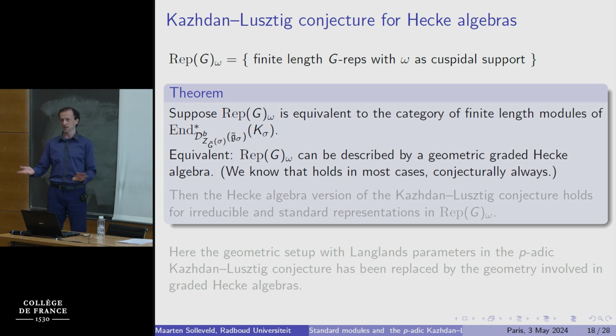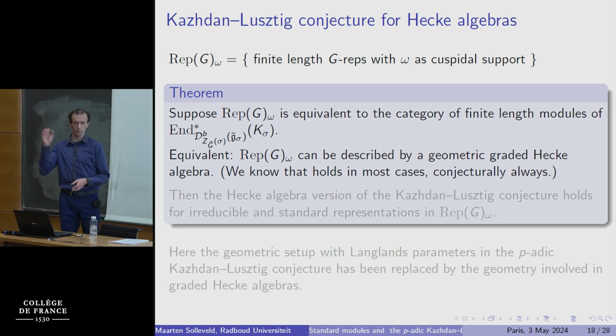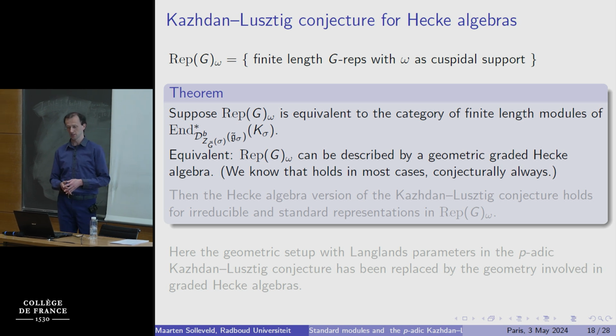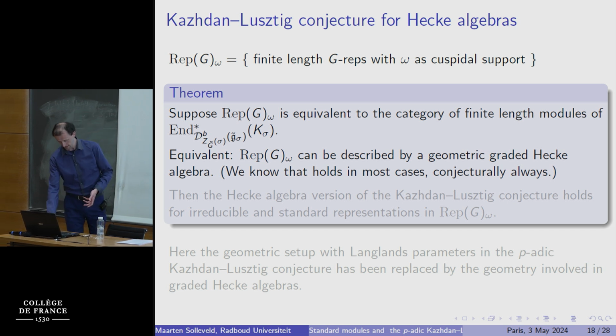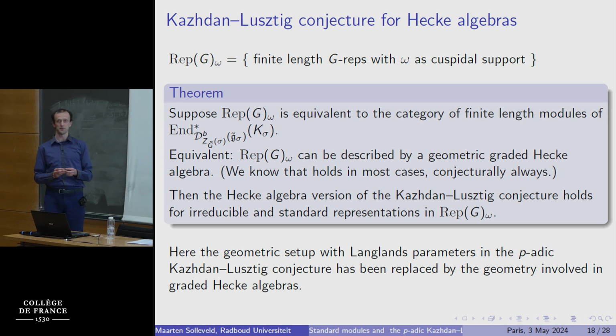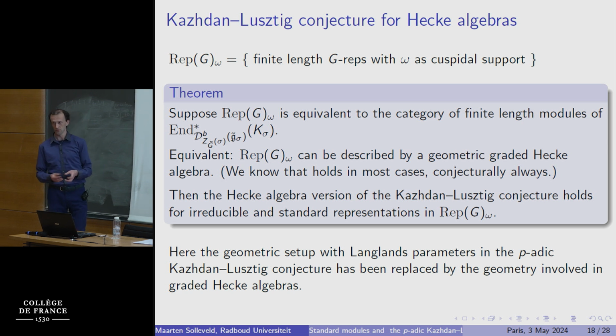Suppose we are in a reasonably good situation where this can be done. You can compare representations in a certain block for a reductive p-adic group with representations of a certain geometric graded Hecke algebra. In that case, the previous results about representations of geometric graded Hecke algebras produce a result about the representations of the p-adic group, which is a version of the Kazhdan-Lusztig conjecture.